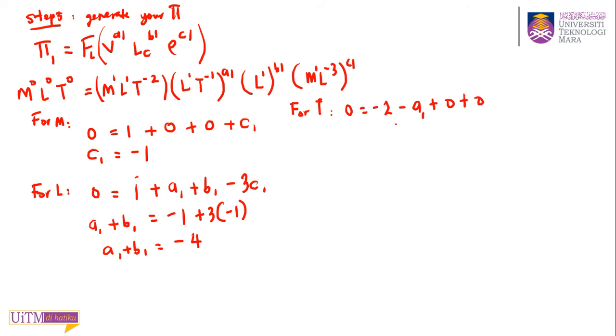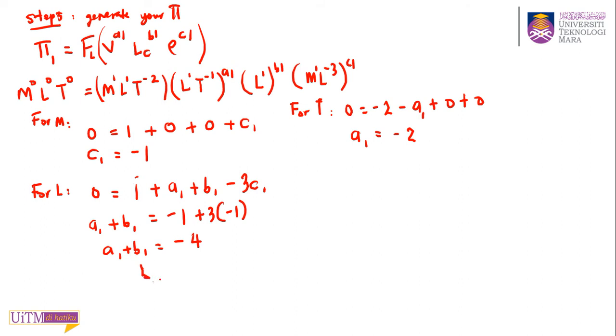So we know A1, we bring A1 to the left hand side, A1 will equal to minus 2. Right? Can you follow this? Okay sir. So now we know A1 is equal to minus 2. We can find the B1.